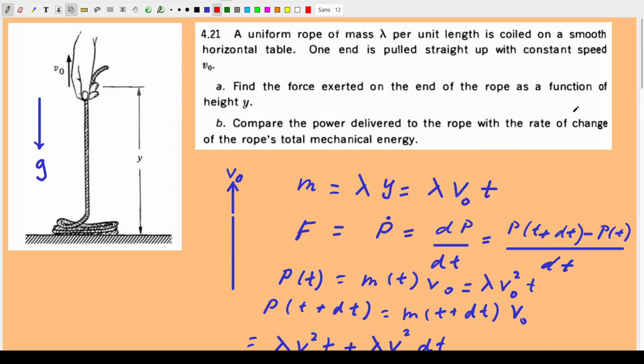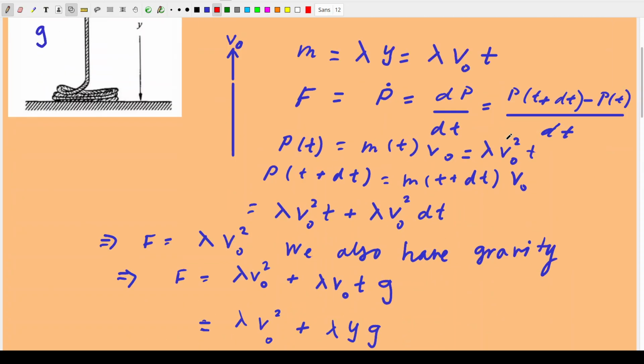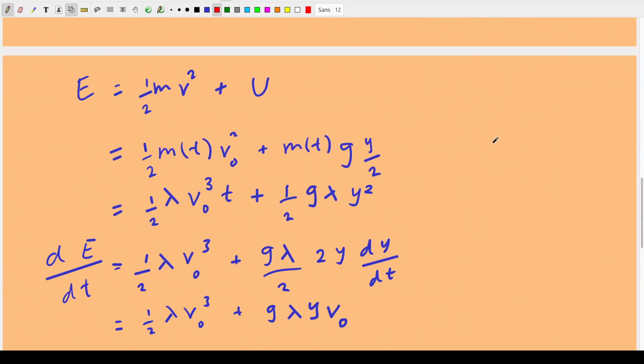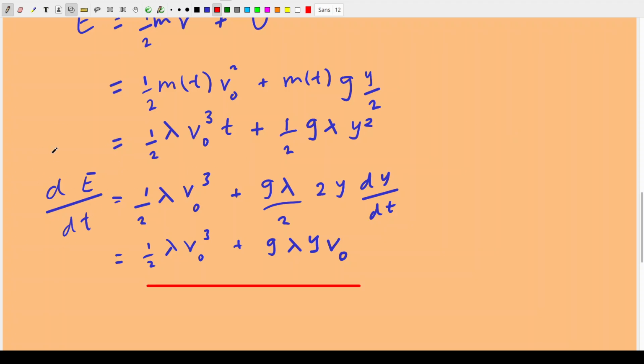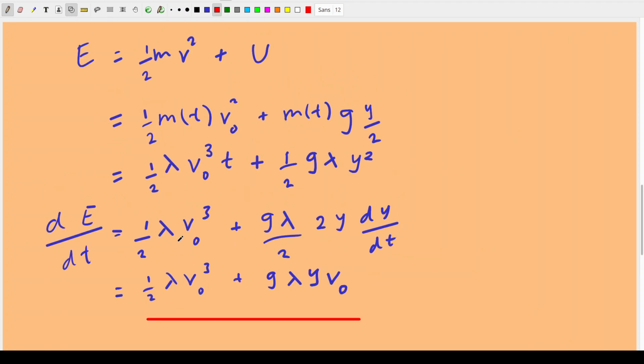Then it is said that we should look at the rate of change of the rope's total mechanical energy. That's very complicated to say it like this, but it means dE dt: take the derivative of the mechanical energy. It's this one here, so we do that. Then take the derivative of y squared, that's 2y times the inner derivative dy dt.